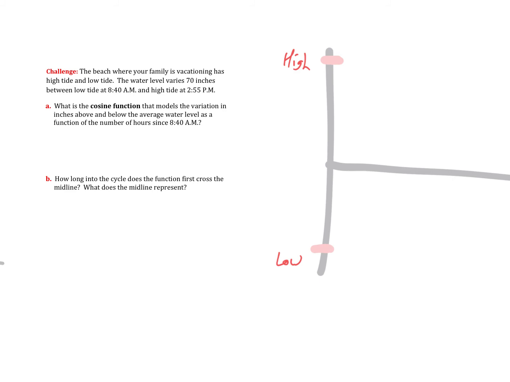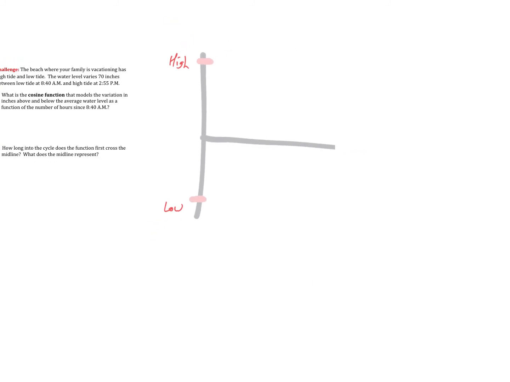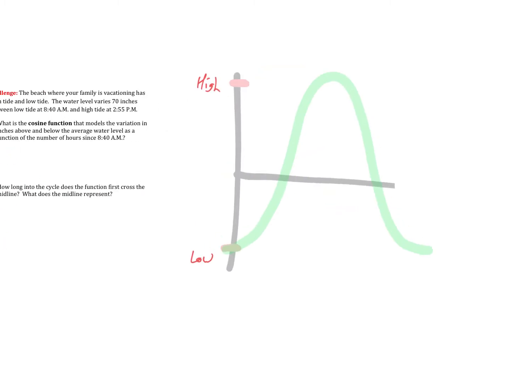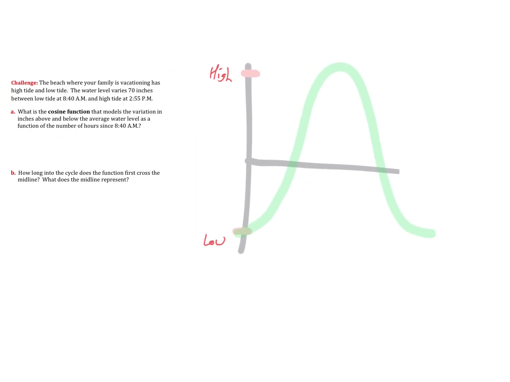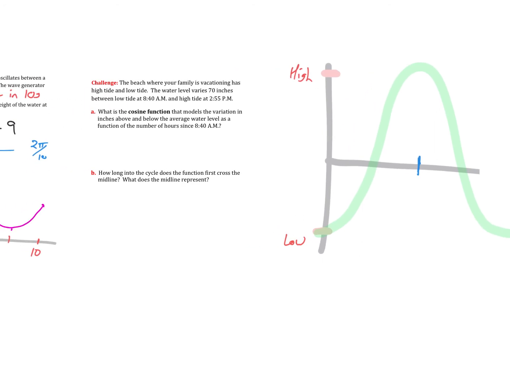So the graph for this thing is going to look something like that. They tell us what time it hits high tide at. Right, because if we're going from 8:40 a.m. to 2:55 p.m., we can figure out that time.